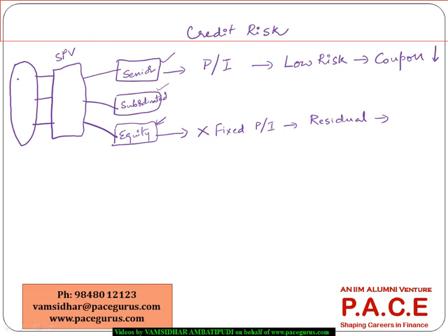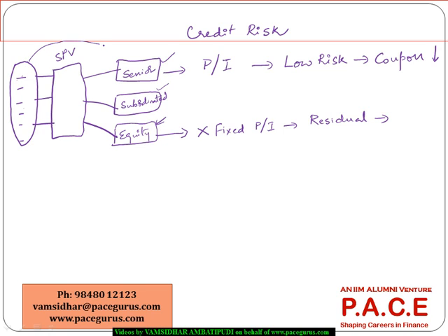Let's assume that in this particular month, all these borrowers have paid some amount of EMI. Out of that EMI, there is some interest portion, there is some principal portion.